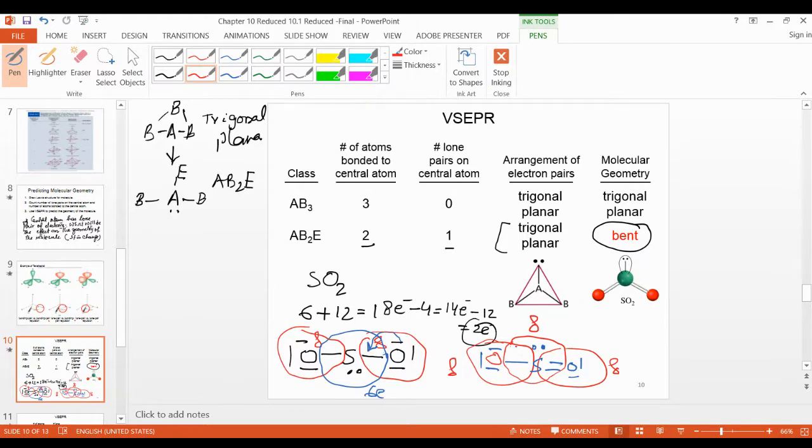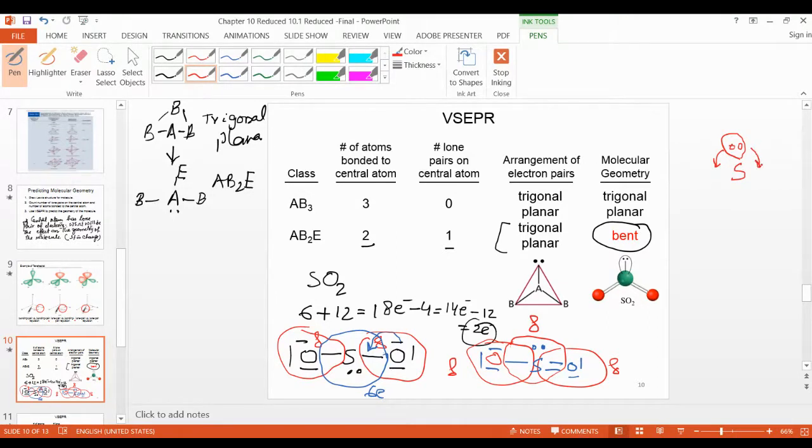Okay. Why has the geometry changed? Because of this lone pair, just look here. These 2 electrons will pull the bond of the oxygen down.